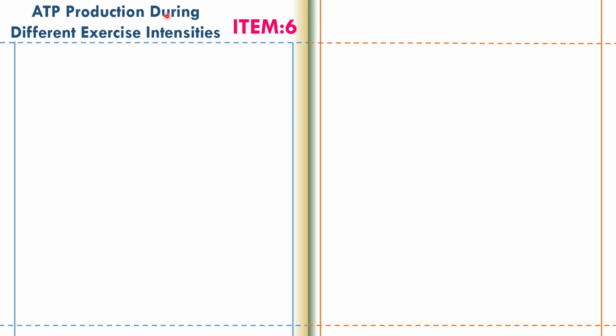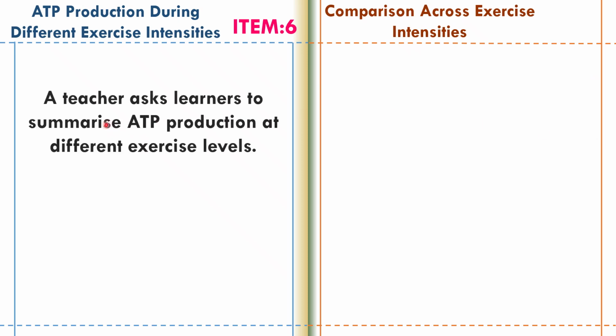ATP production during different exercise intensity. Item 6. Comparison across exercise intensities. A teacher asks learners to summarize ATP production at different exercise levels.